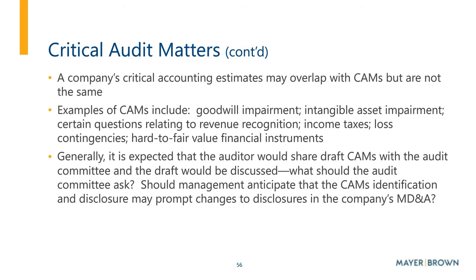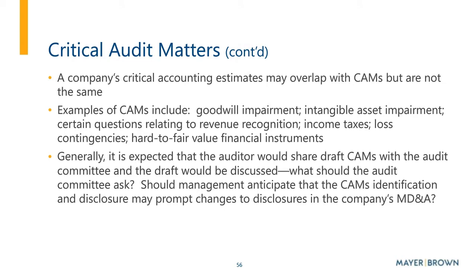We already have a certain number of companies that have implemented the CAMs requirements in their audit reports, and on slide 15, you'll see that the most prevalent CAMs that we've seen thus far include goodwill impairment, intangible asset impairment, certain revenue recognition matters, and the other topics that we list there.